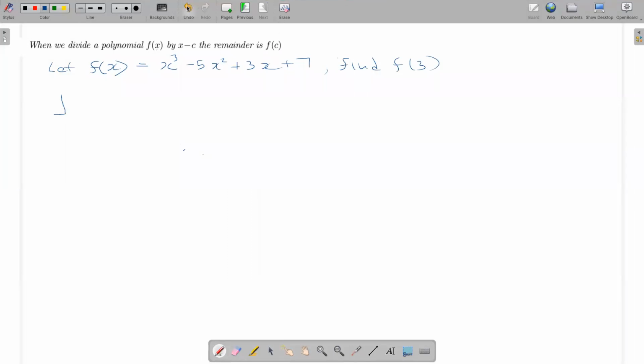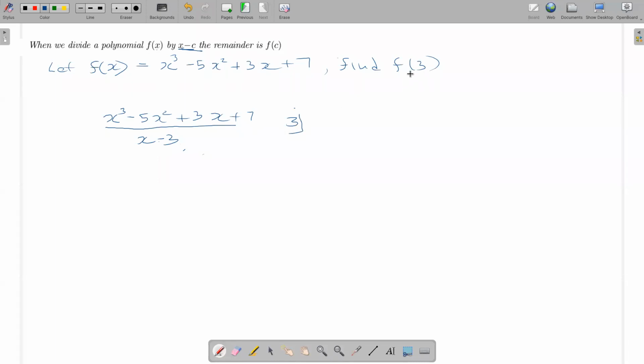There is one thing: to find this I have to divide by x minus c, no? So I have to divide by x minus 3, because this works for x minus c. So I am dividing by x minus 3, which means in the box I put the opposite, plus 3.